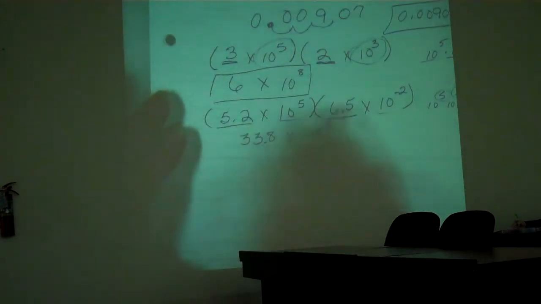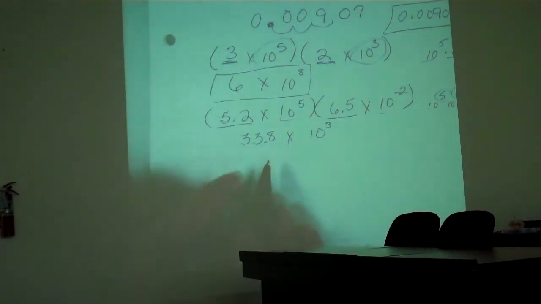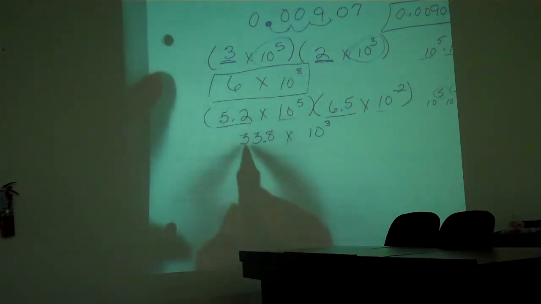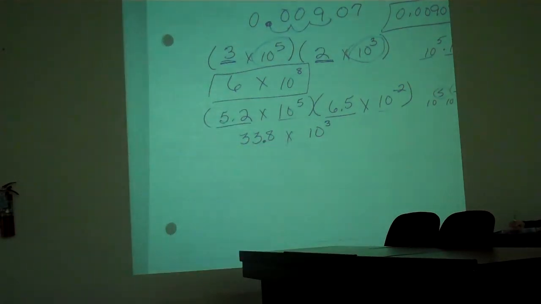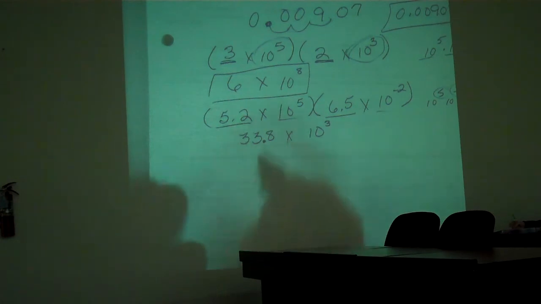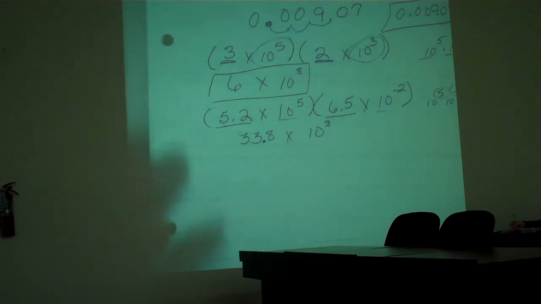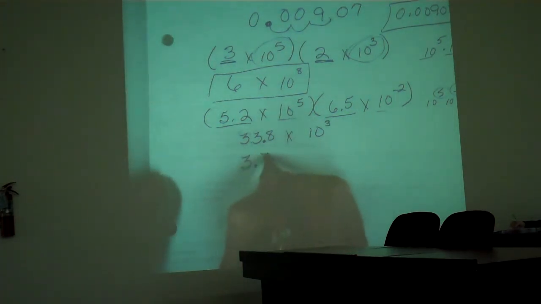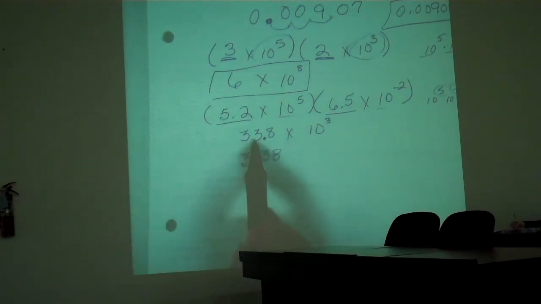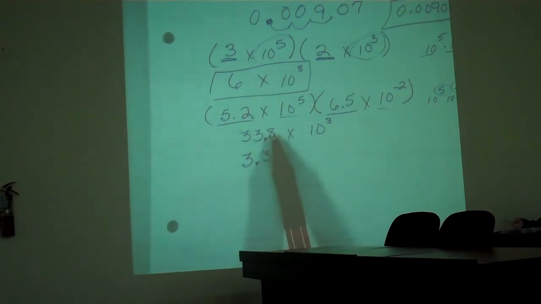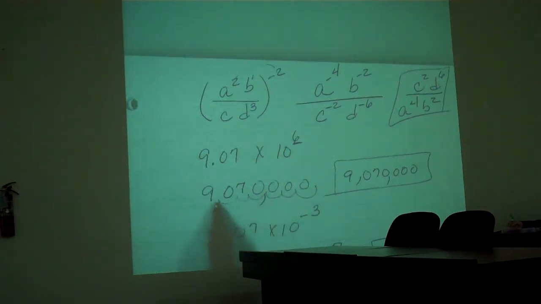Okay, when you do this, and they're both scientific notation, you need to get an answer in scientific notation. A 33 in front of a decimal is not scientific notation. One number in front of the decimal is scientific. You should only have one number before the decimal. So this should be 3.38, but since we moved our decimal, it changes our exponent. Remember with bigger numbers, when we made them scientific, we moved them back this way. We added that many up here.